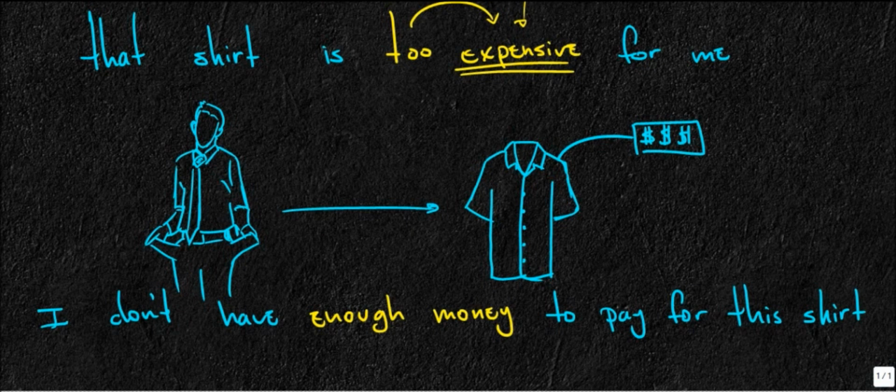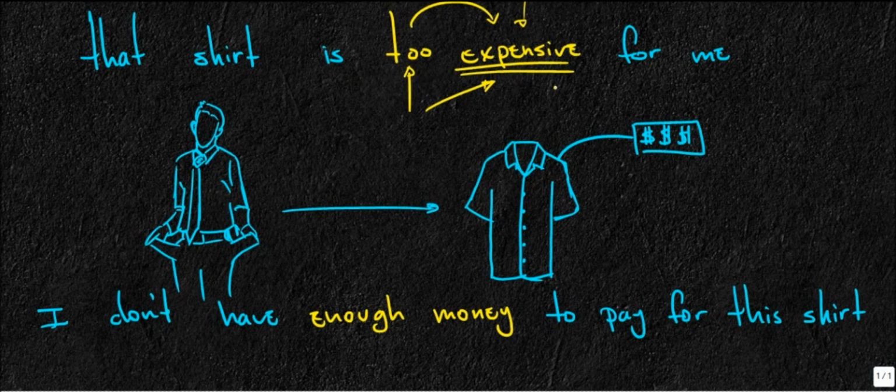All right? Now, I want to point out something that I really want you to remember. When you're using "too," you're going to use it in combination with an adjective or an adverb. All right. So you'll say "that shirt is too expensive," or "that shirt is too big," etc. Or "that is too much soda."